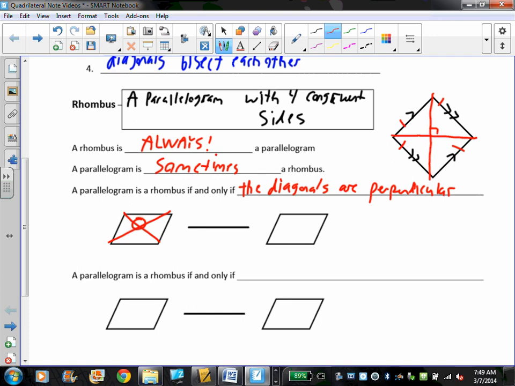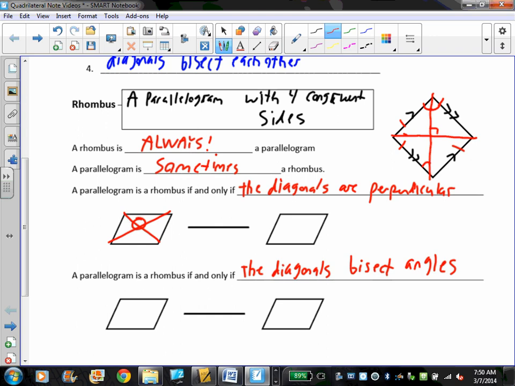So that's the difference. Another significant difference is that a parallelogram is a rhombus if and only if the diagonals bisect angles. So in this rhombus, this should be the same as this.